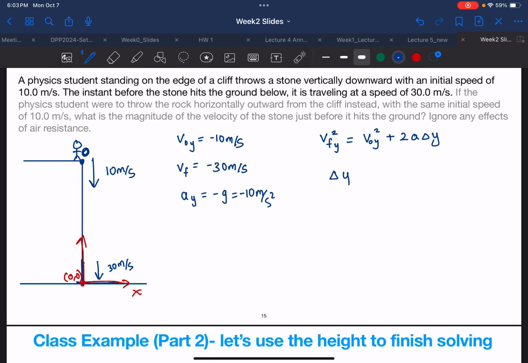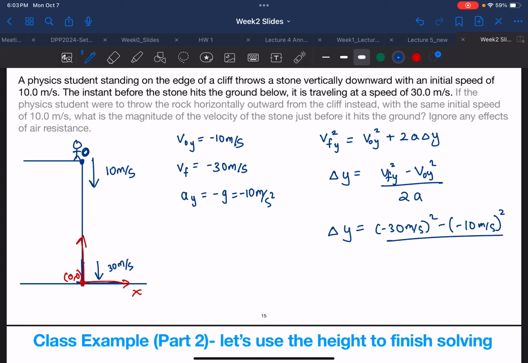So delta y is equal to v final y squared minus v initial y squared, all over 2a. Now plugging everything in, we get negative 30 meters per second squared minus negative 10 meters per second squared, all divided by 2 times negative 10 meters per second squared.